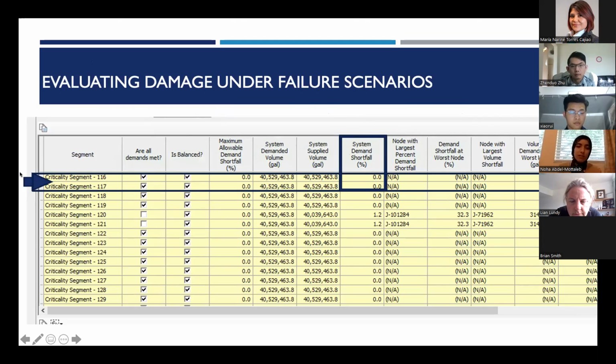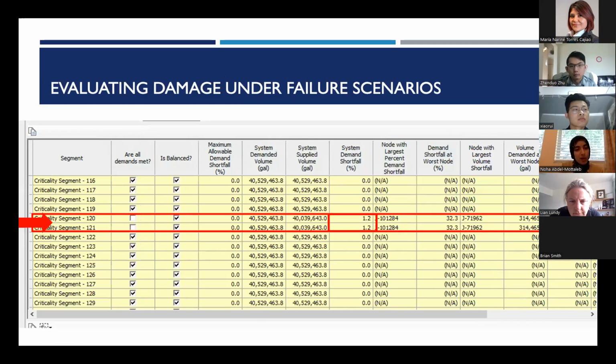They don't cause the network to be considered very vulnerable and have a lot of damage when there's a failure. However, when these two segments are isolated due to some failure, we do see an adverse impact. So we can consider these segments as critical segments. And the more of these types of segments that we have in a network, the more vulnerable it is to failures, and the worse the performance is of the network.